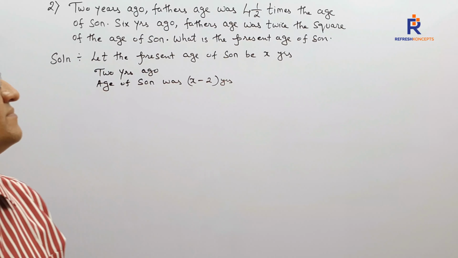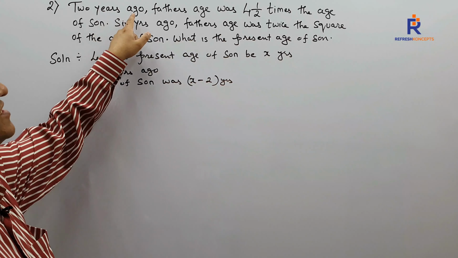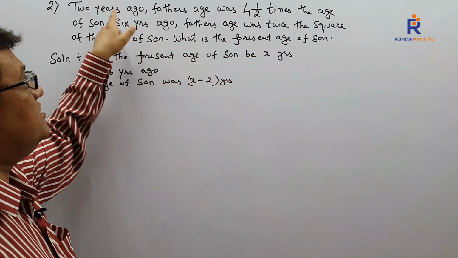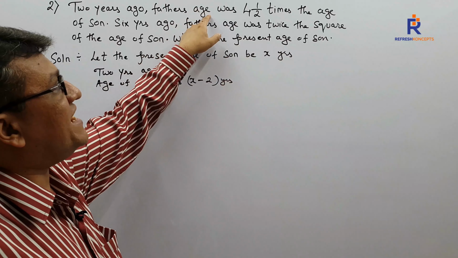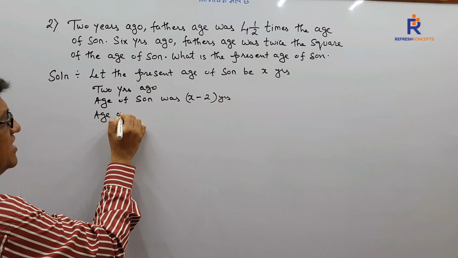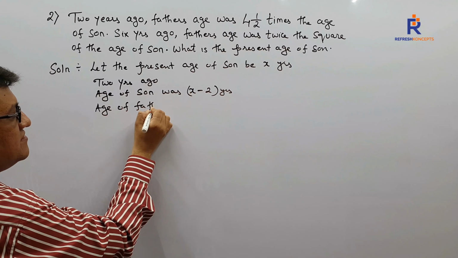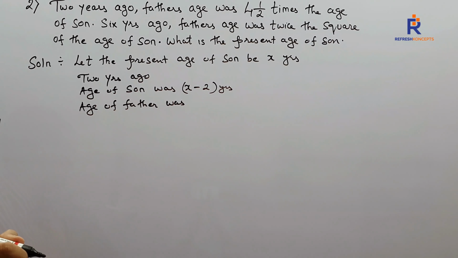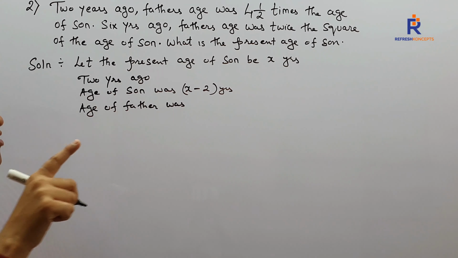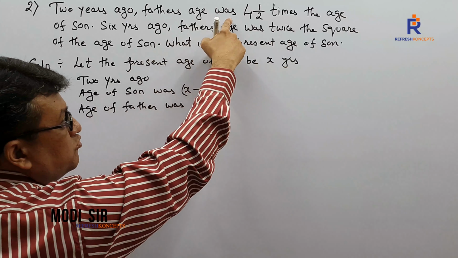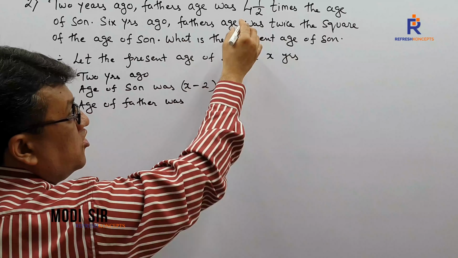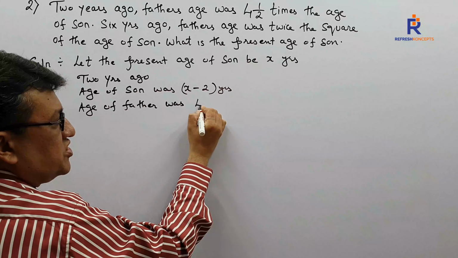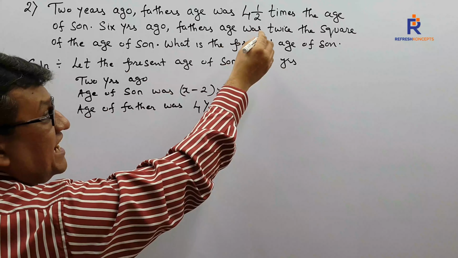At that time, the question says, 2 years ago, father's age was 4.5 times the age of son. So the third line is: age of father was, mind you, this is the age of father 2 years ago, 4.5 times the age of the son.